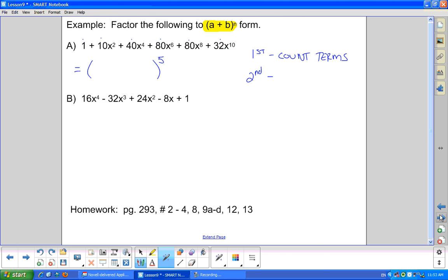So if we look at this, we see that we're dealing with a 1. That means there was no variable. So the first term must have been 1 to the exponent 5 to give us that 1, because the second term would be to the exponent 0. So look at the first term to determine the original value.